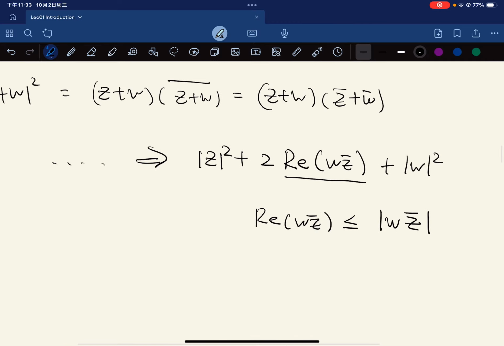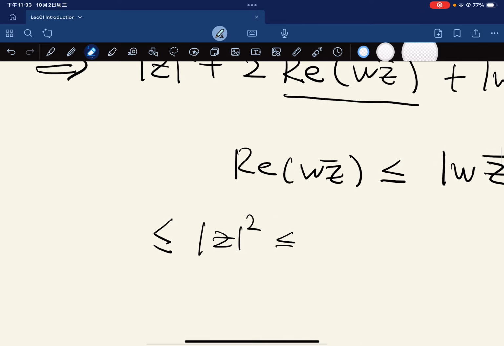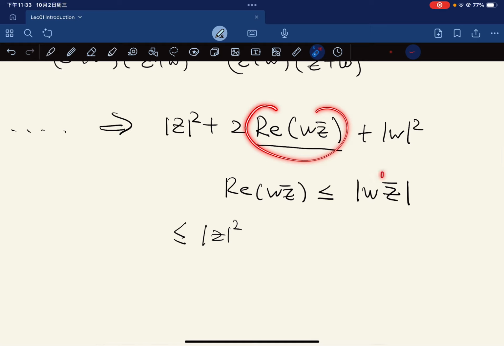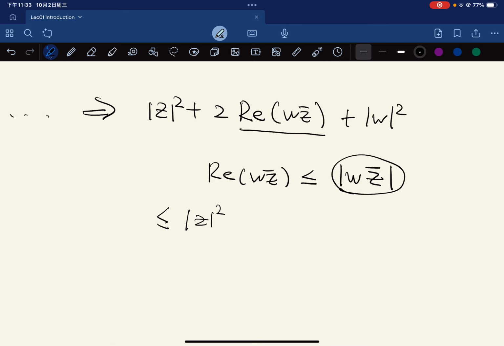Thus, we can keep going, right? We can see this is absolute value of z squared, and we replace this with this when we introduce the inequality here, right? And w and z bar can even be separated: absolute value of z times absolute value of w.